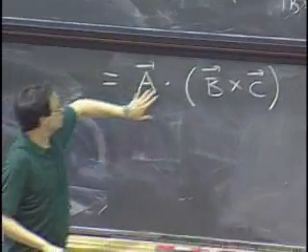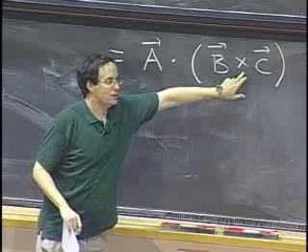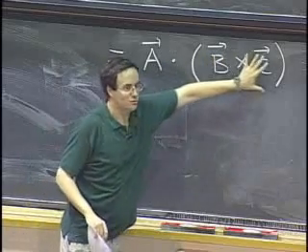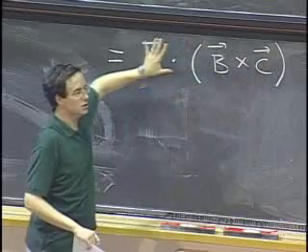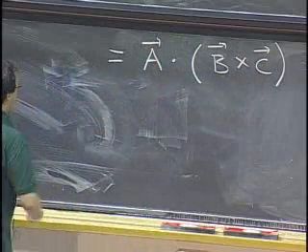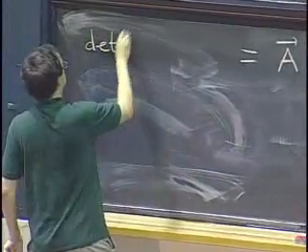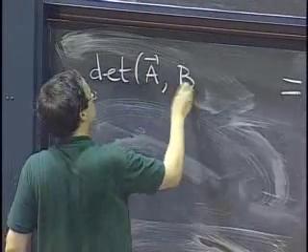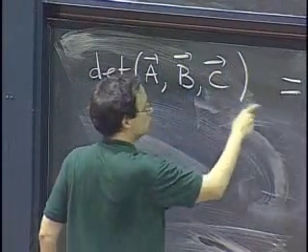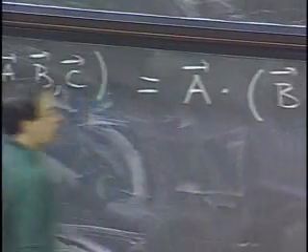If I do it the other way around, A dot B, I get a number. I cannot cross that. So I really have to do the cross product first. I get a new vector, and then I dot product. Okay, so the fact is that the determinant of A, B, C is equal to this so-called triple product.